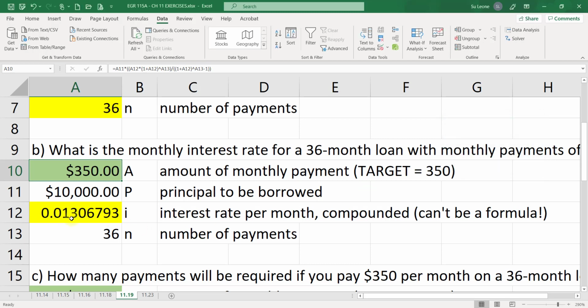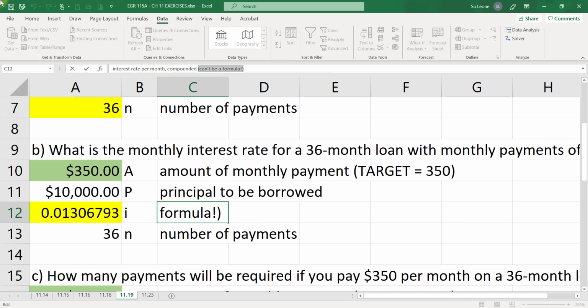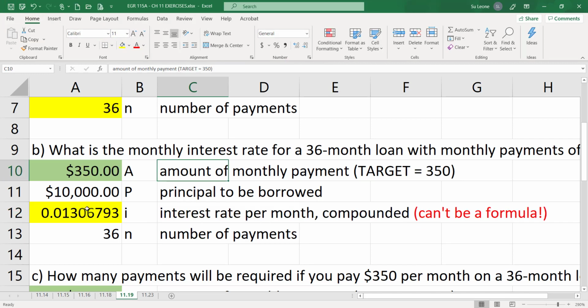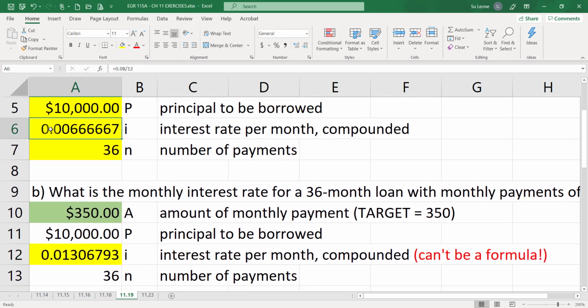Okay, so now you can see the interest rate per month would have had to be 1.3%. Remember, it can't be a formula. That is so important. What if our target, remember this was what the monthly interest rate was at 8%. So you can see that we'd have to have a pretty lousy credit rating in order to be told, no, in order to borrow $10,000, you have to pay $350 a month.